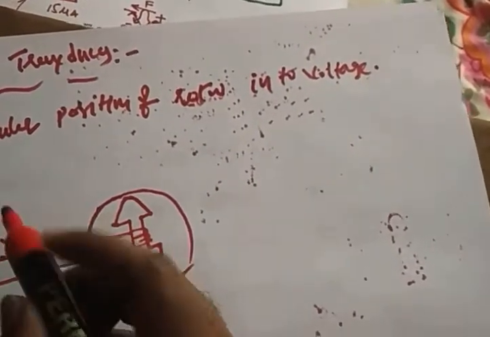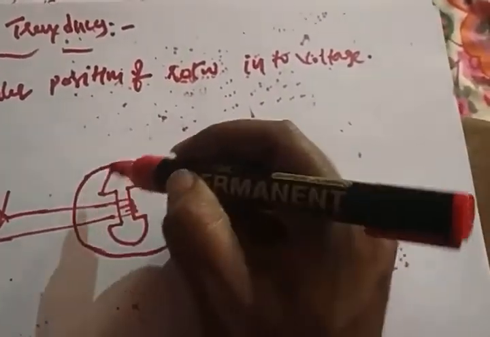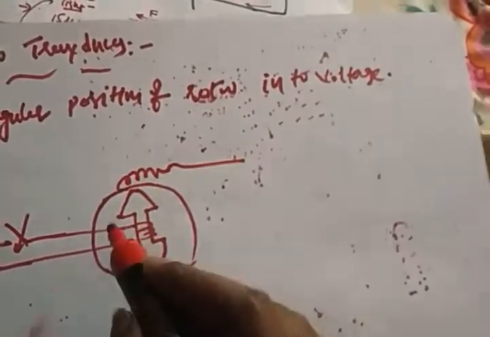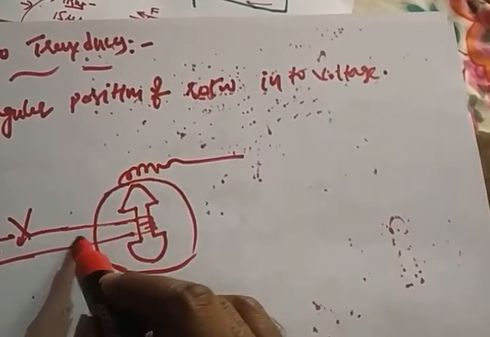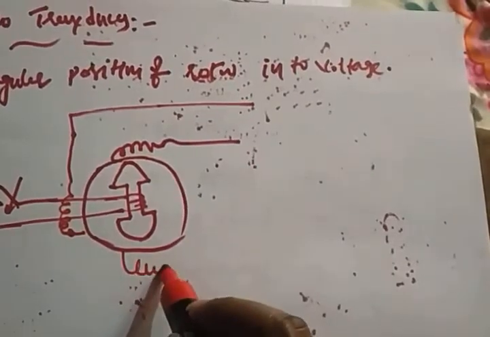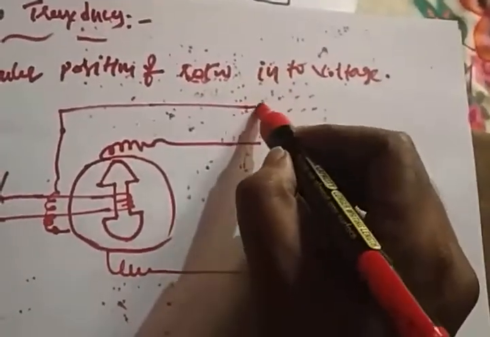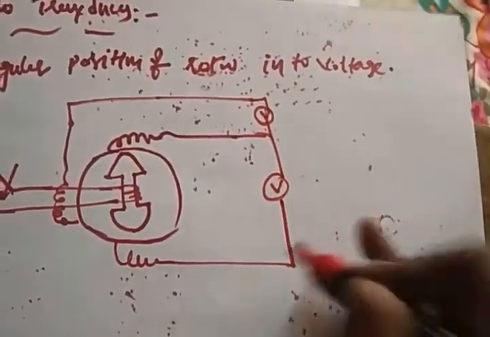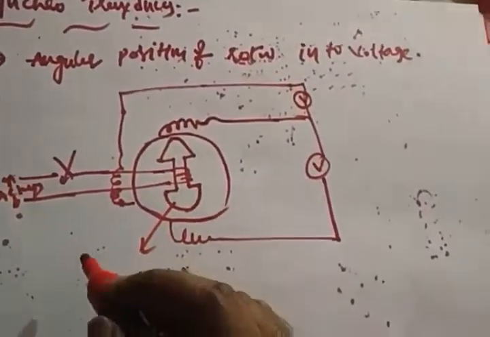Then the stator has 3-phase windings, right? In the stator you will get the voltage, so we have voltmeters over here. Alright. So this is the schematic diagram for a synchro as a transducer.